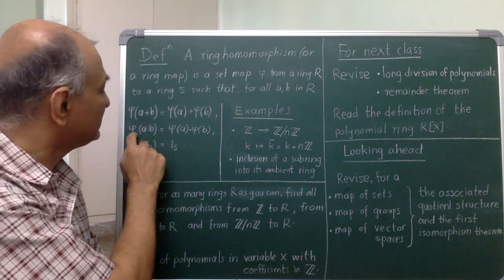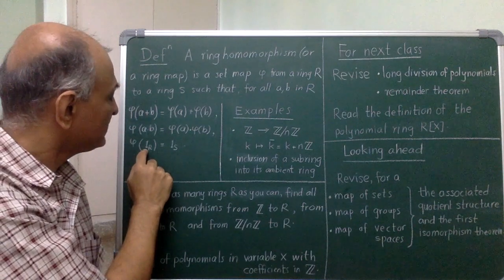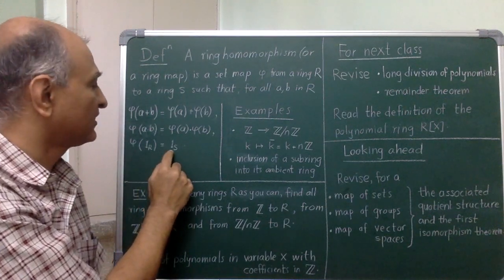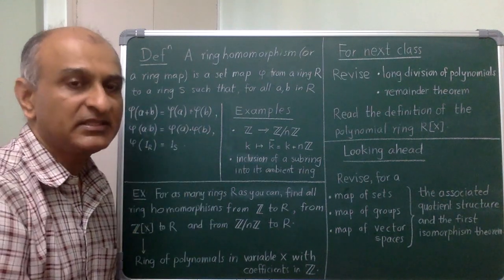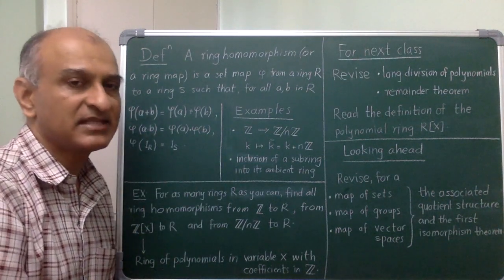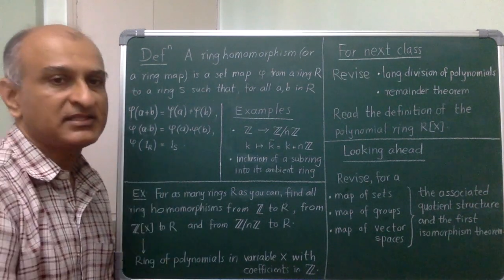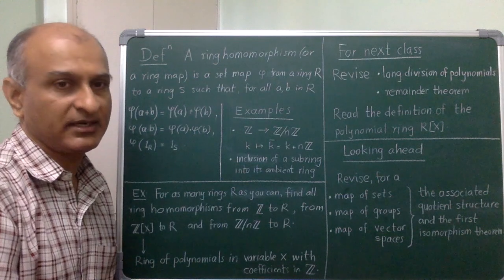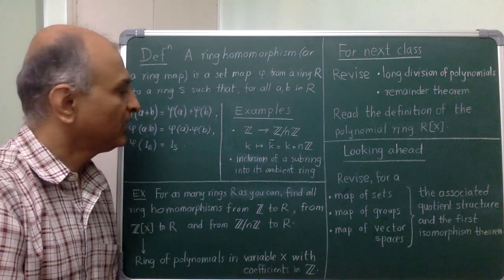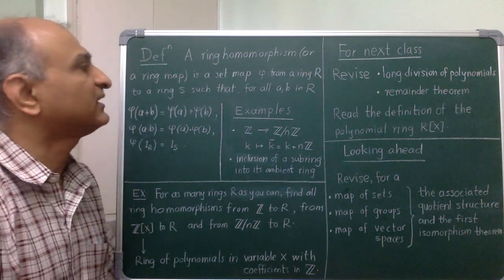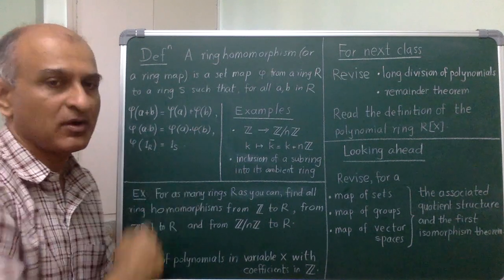If you try to imitate the same proof and try to show that 1 in the source must go to 1 in the target purely on the strength of the second condition, you will see that the proof fails, and the reason is that a priori I do not know that phi of 1 is something that is invertible in the target. Okay. This is a real restriction, because I can very easily come up with an example where the first two conditions are met but the last one is not.